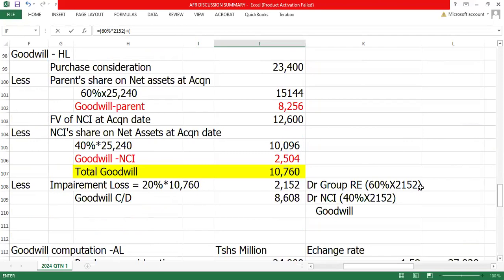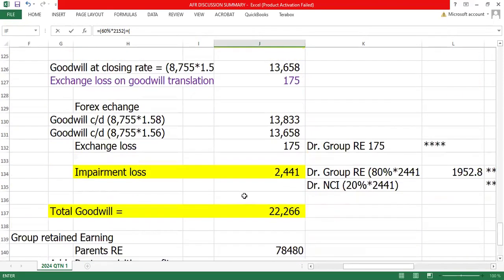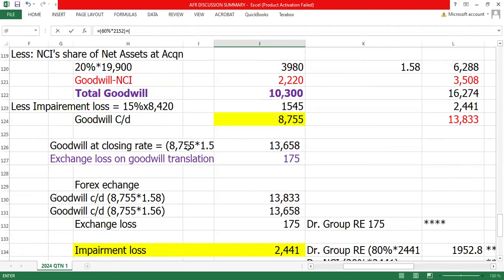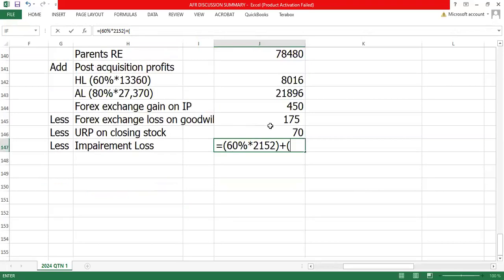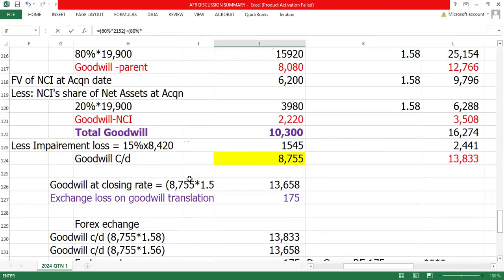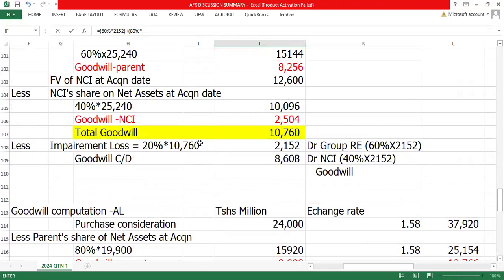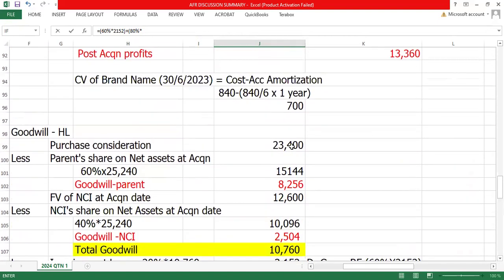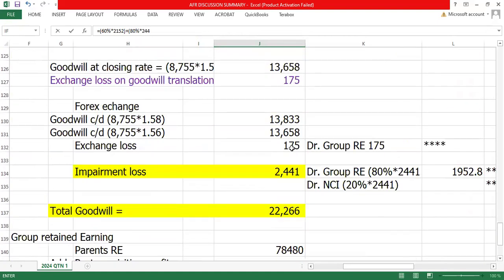Then plus open bracket, 80% times 2441, the one of AR. The one of AR impairment loss is 2441.